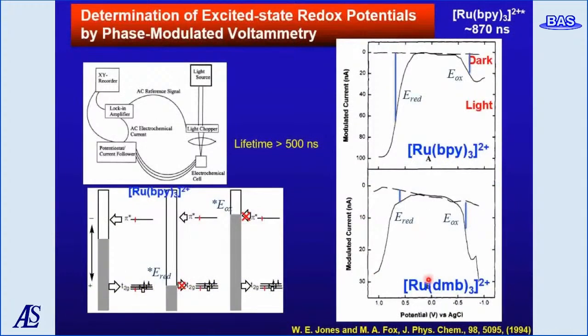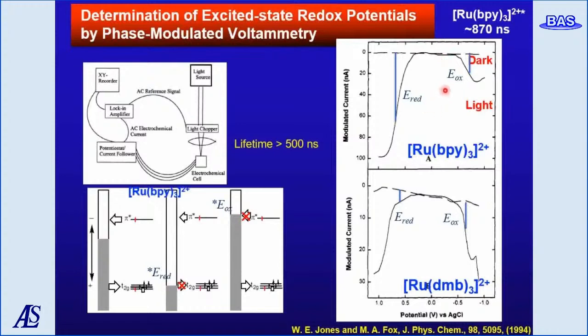Another example of phase modulation voltammogram is the measurement of Ru(bpy)3. In this case, laser light is used as the excitation light source. As shown here, a clear response due to the light irradiation was observed on both the positive and negative side.